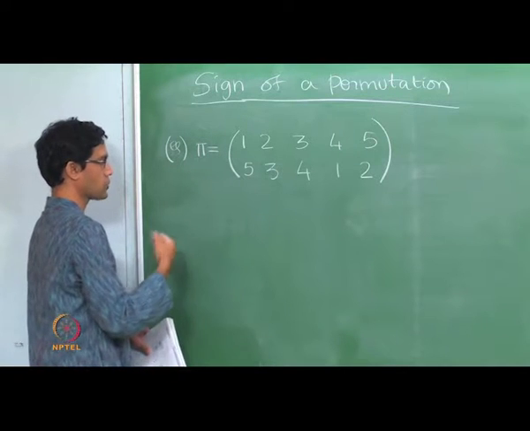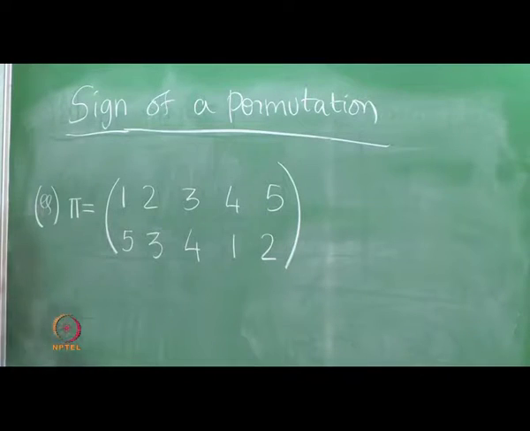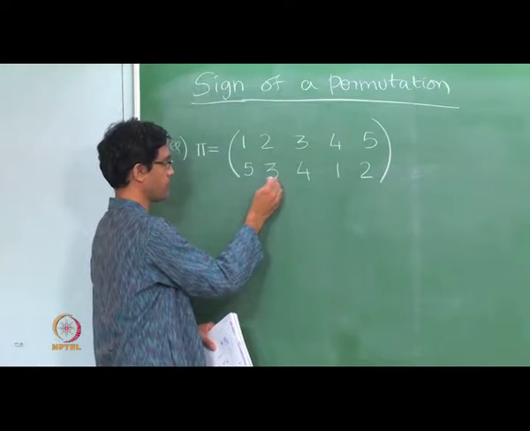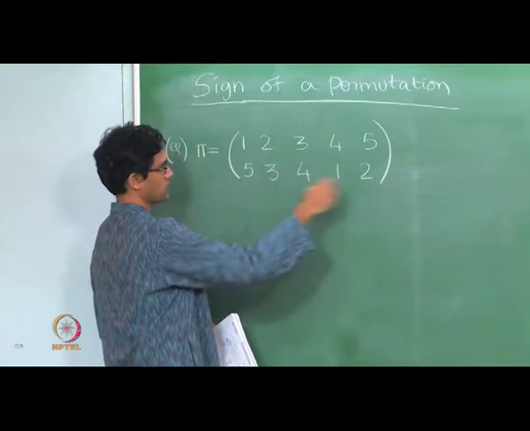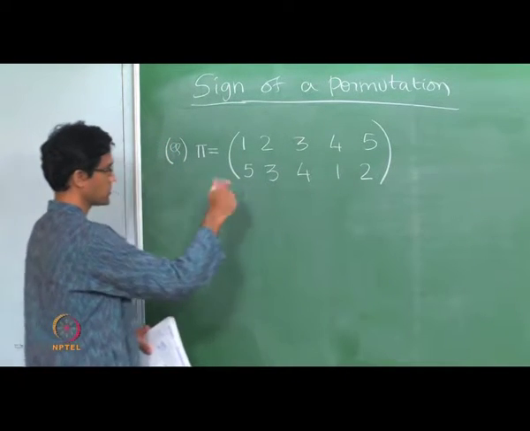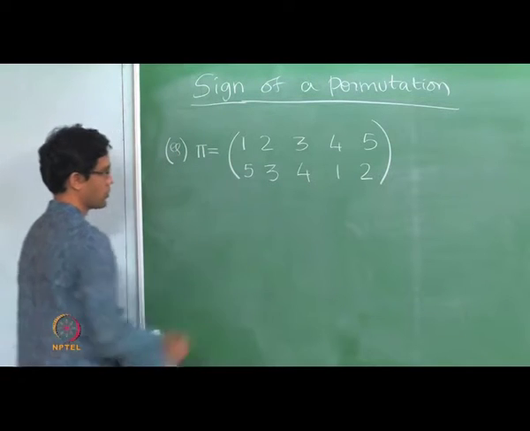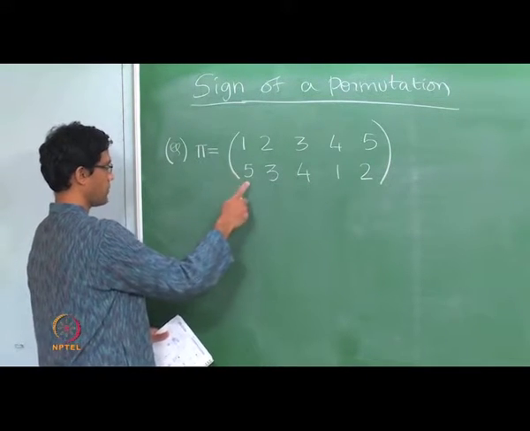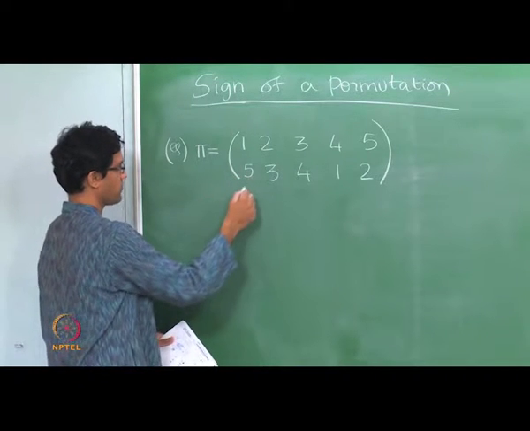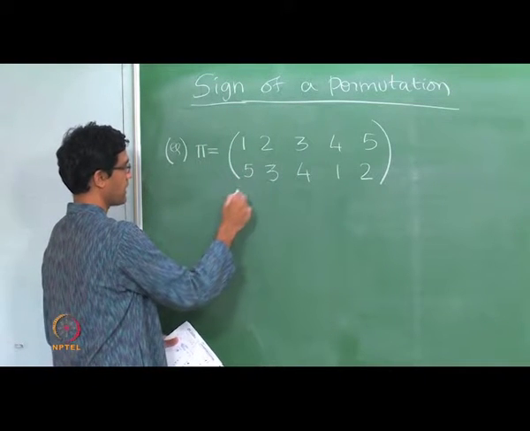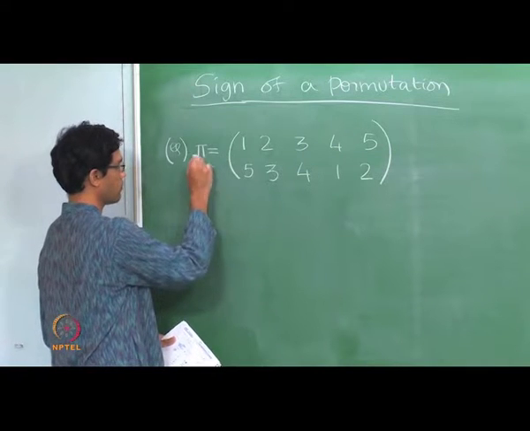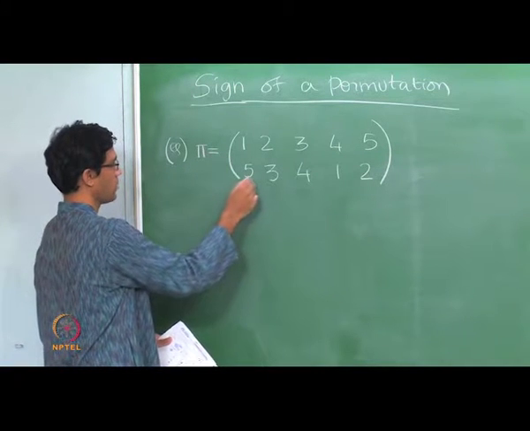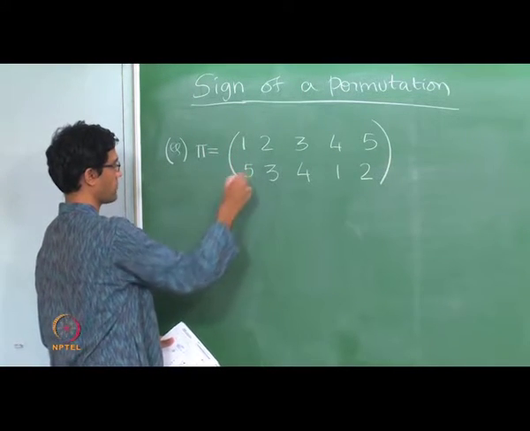Again recall 2-line notation, which just means that these are just the entries. The bottom row is really the permutation of the numbers 1 through 5. Often we also think of it as functions, so we will write these entries as follows. If you call this permutation pi, we also say that pi of 1 is 5, for instance.